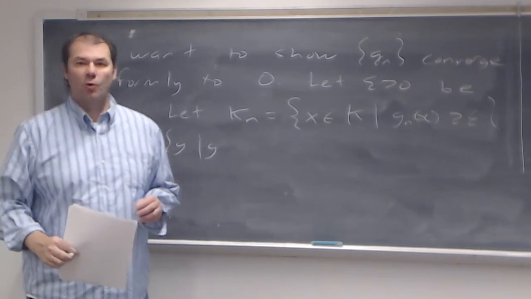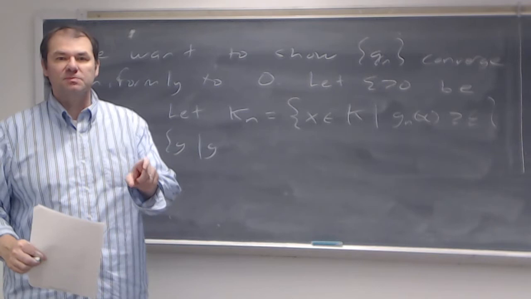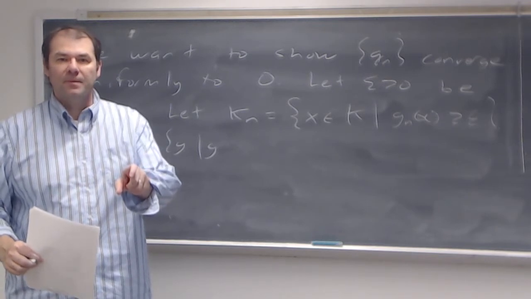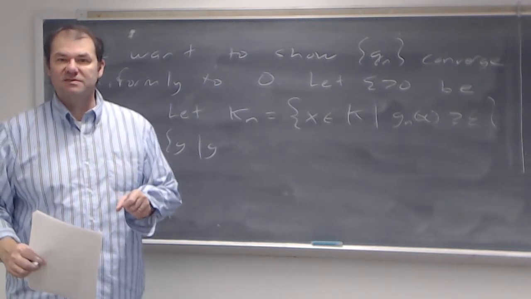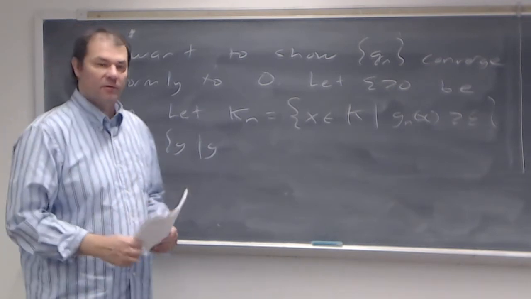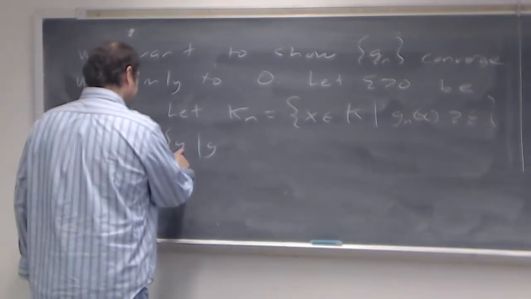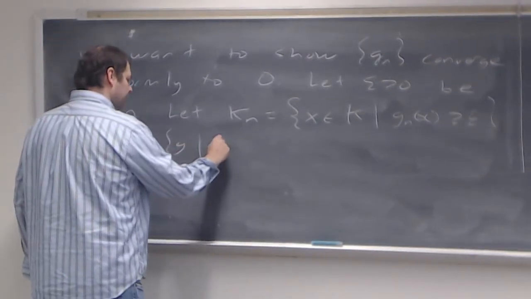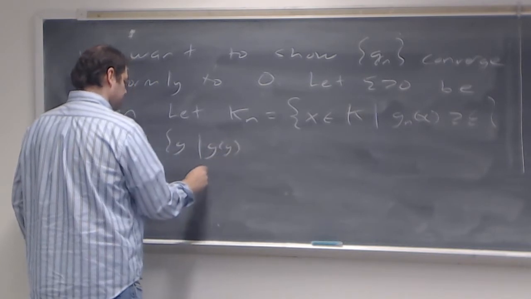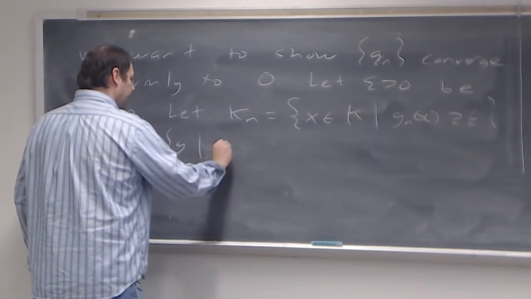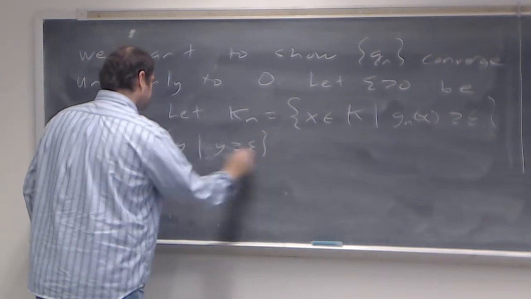I didn't say that before, but these have to be real-valued functions, because we have f sub n greater than or equal to f sub n plus 1. That characteristic yields that they're real values. So these are y's that are elements of R such that y is greater than or equal to epsilon.